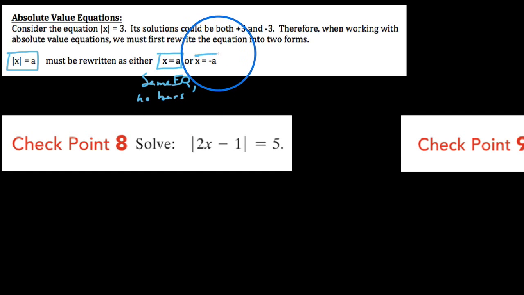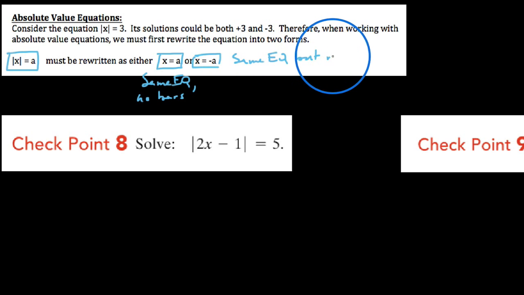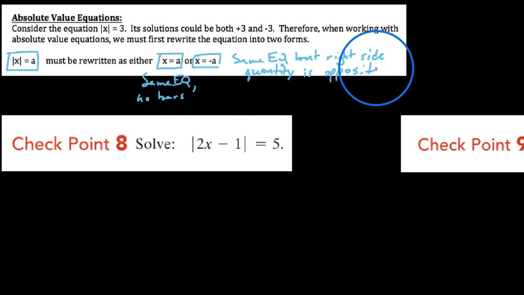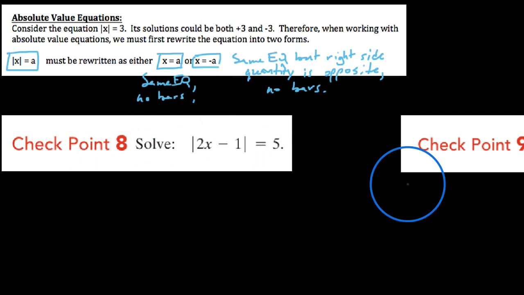And then the second way we'll rewrite it is x equals negative a, which is pretty much the same equation, but the right side quantity is its opposite. And we say no absolute value bars also. Handwriting's bad. I'm really sorry, everybody. Let's take a look at a couple examples here.